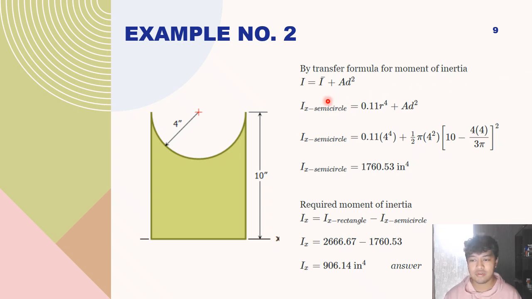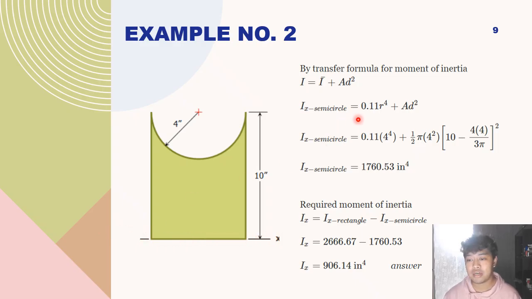For our semicircle, in this case, we have to use the transfer formula. The reference axis for this value, 0.11 r to the power of 4, is at the centroid of the semicircle. But then again, we have to transfer the reference line to the x-axis at the bottom of the rectangle.